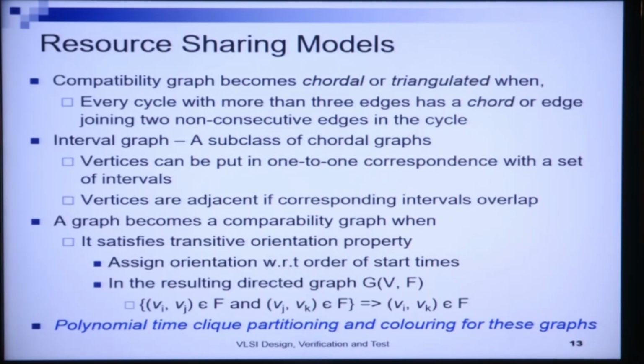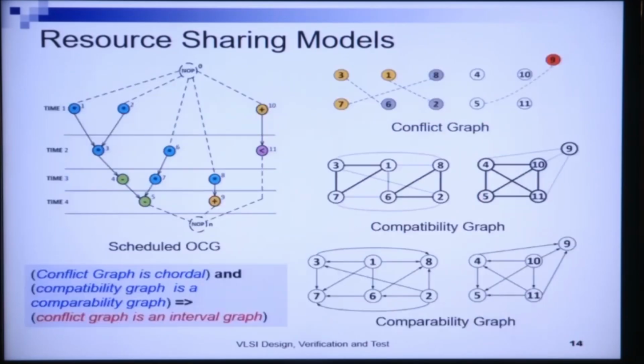We can assign an orientation with respect to the order of start times in the operation constraints graph. Here we are putting an orientation from 1 to 6 because 6 starts after 1 in the operation constraint graph. There is an orientation from 6 to 7 because 7 starts after 6, and hence there is an edge from 1 to 7 denoting that 7 starts after 1. Such an orientation can be imposed for all edges, and hence this compatibility graph is a comparability graph.